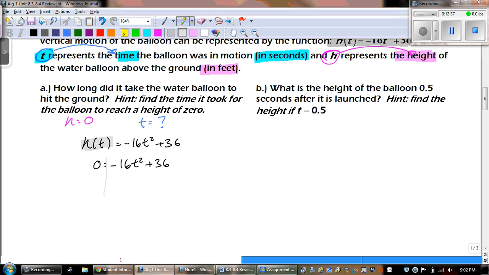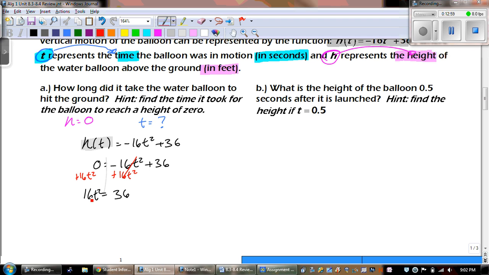To solve by inverses, our quadratic term has to be positive. It's negative right now, so to make it positive, I'm going to add it to the other side. Now I have a positive 16t squared equaling 36.